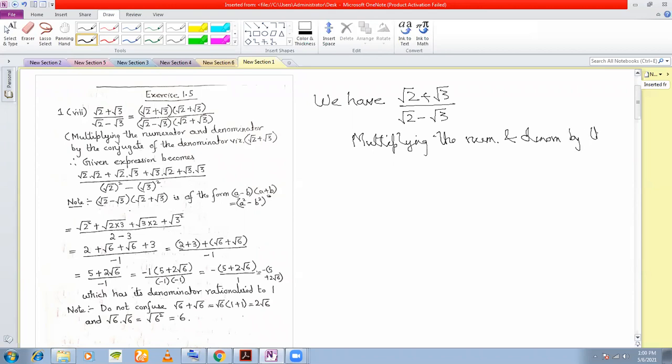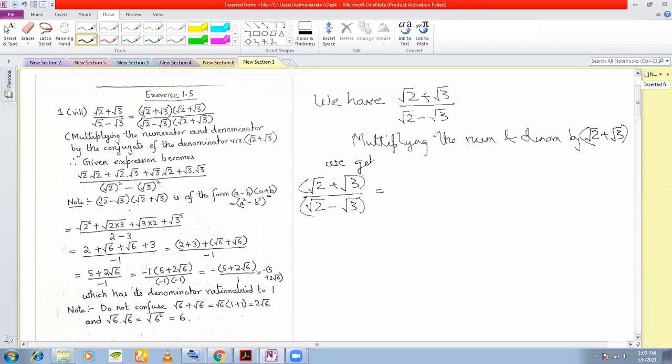By the rationalizing factor, or let's say simply write by root 2 plus root 3. So we get root 2 plus root 3 divided by root 2 minus root 3. So this becomes root 2 plus root 3 as it is.